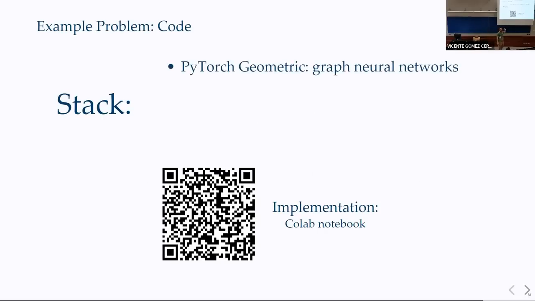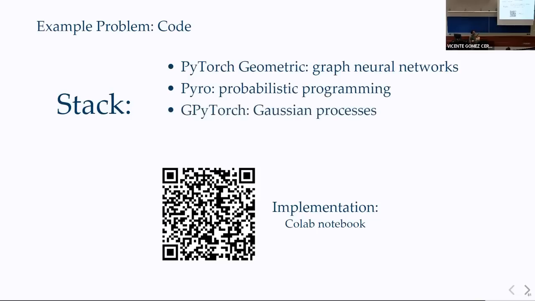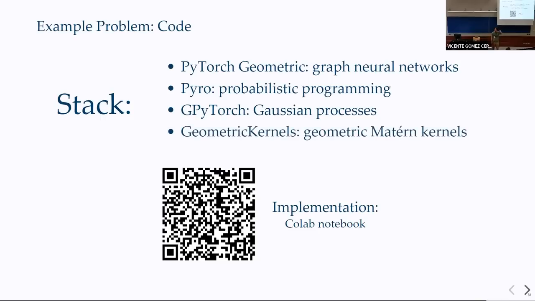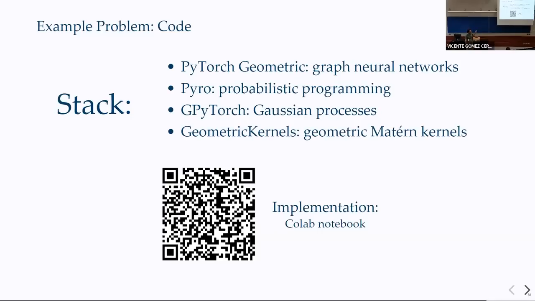This is the most popular library for geometric deep learning, and in particular for graph neural networks. I used Pyro to make neural networks Bayesian. I used GPyTorch to drive basic Gaussian process routines, and I used GeometricKernels, which implements Matérn kernels on geometric settings.